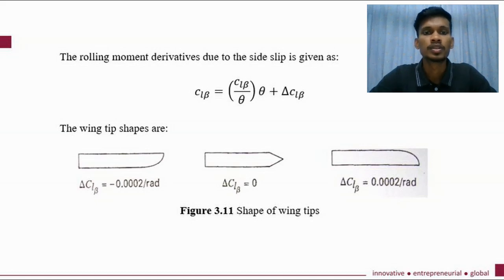The rolling moment derivative, which is CL beta due to the side slip, is given as shown in the slide. The wingtip shapes are as follows, and each of these wingtip shapes gives a certain value of delta CL beta.